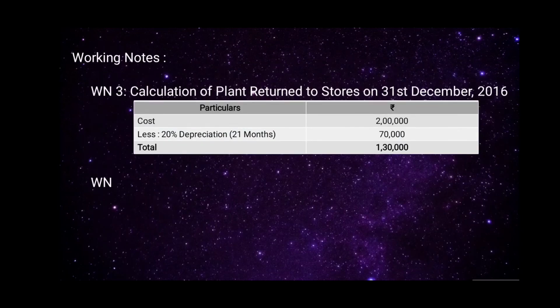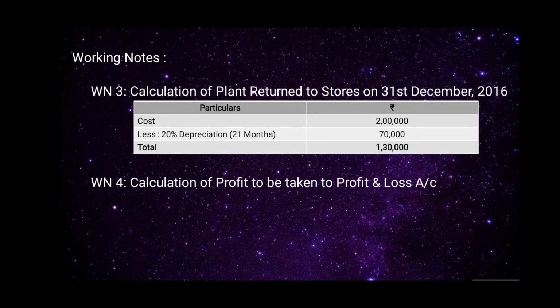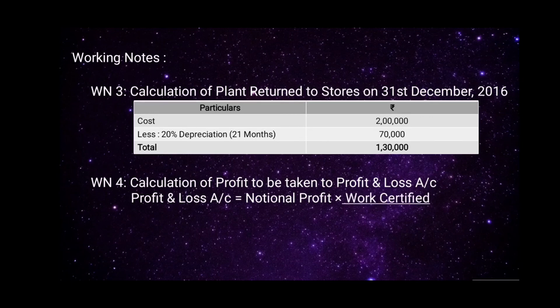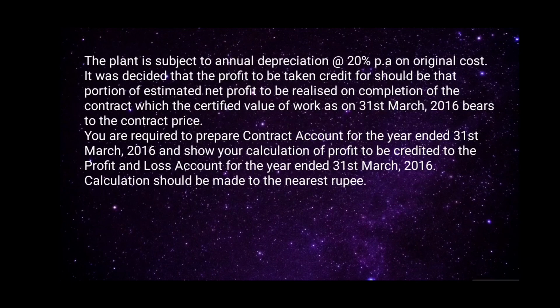So let us start preparing working note number 4. Calculation of profit to be taken to profit and loss account. So profit and loss account is equal to notional profit into work certified divided by contract price, which will be equal to estimated profit. So in this information they have told us to take estimated profit as notional profit.